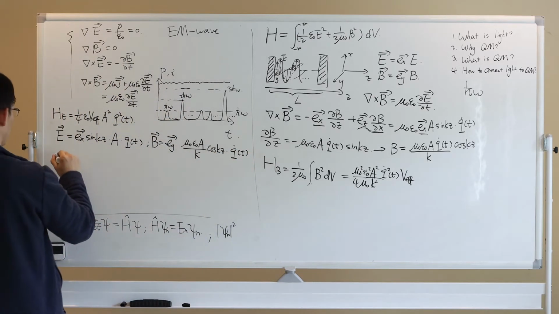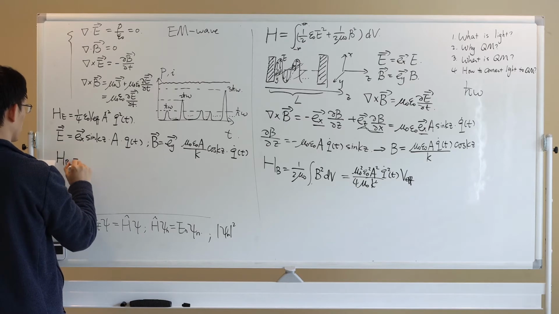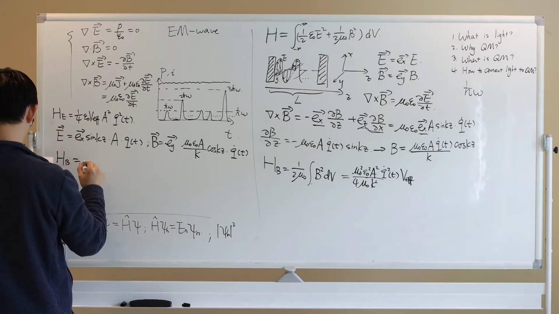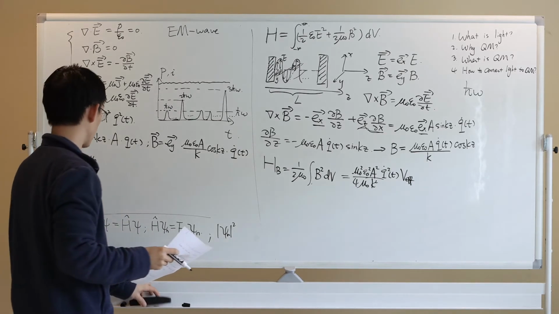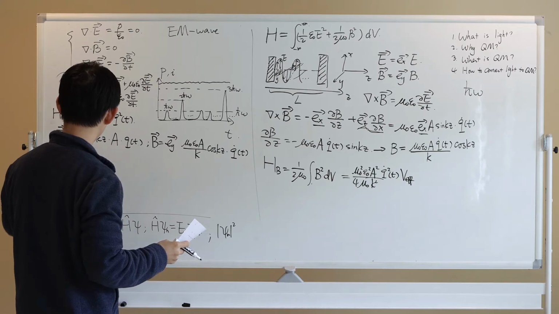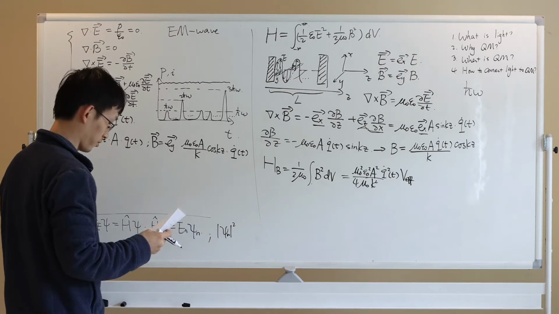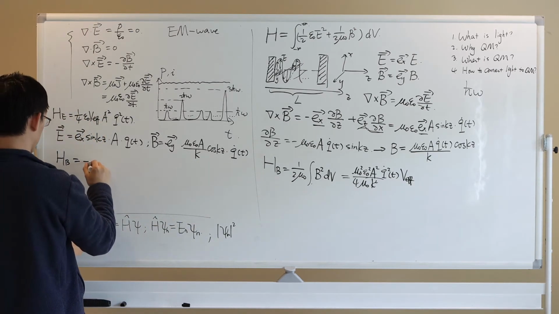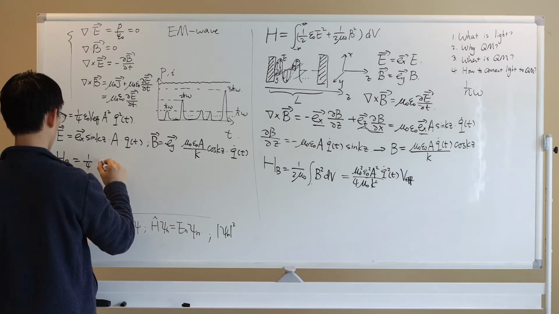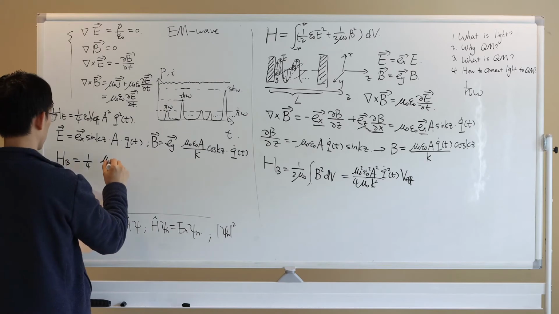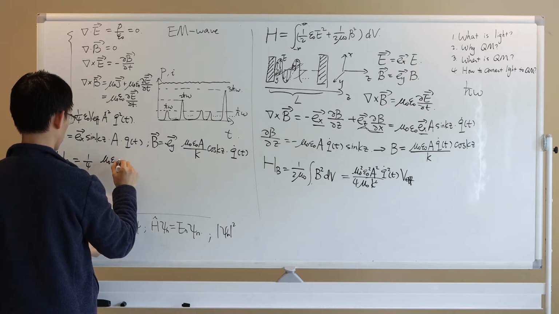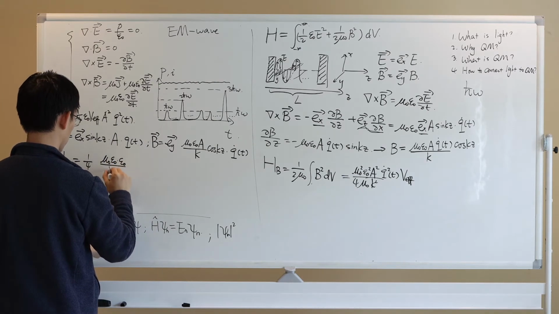And then H_b will become 1/4. That's always there. Okay, 1/4, and then mu naught. Okay, because mu and mu cancel. Epsilon, and then epsilon. Okay, k square.